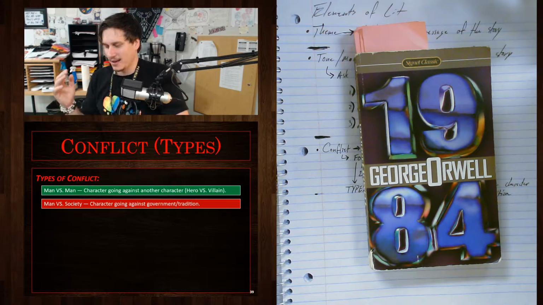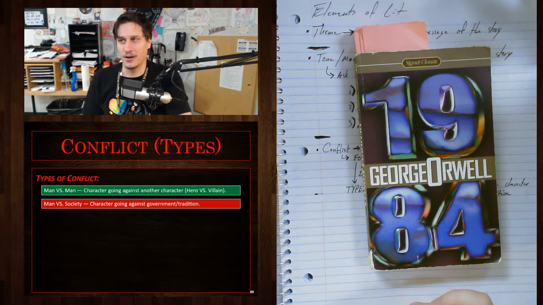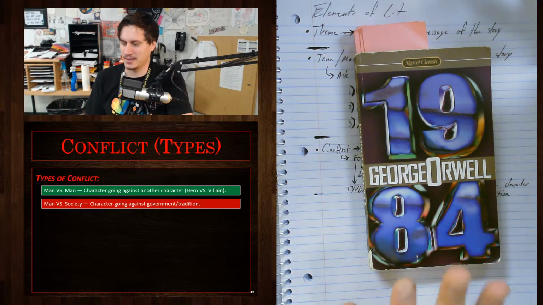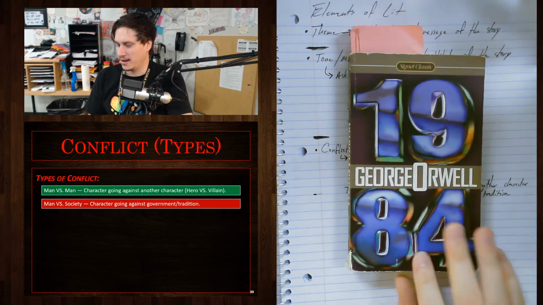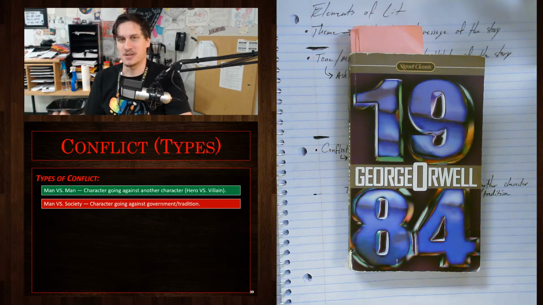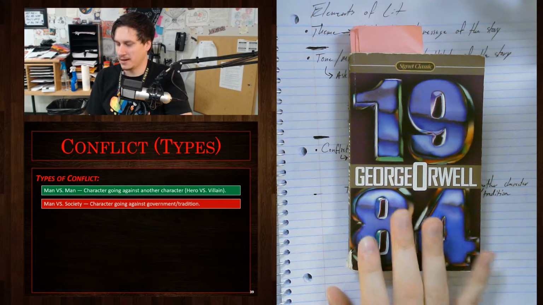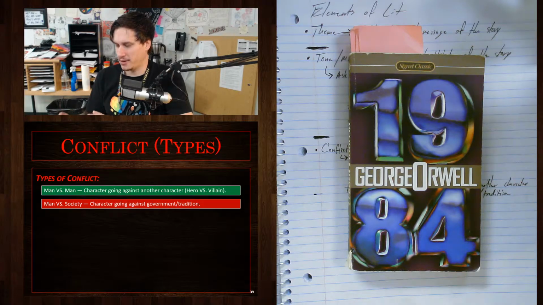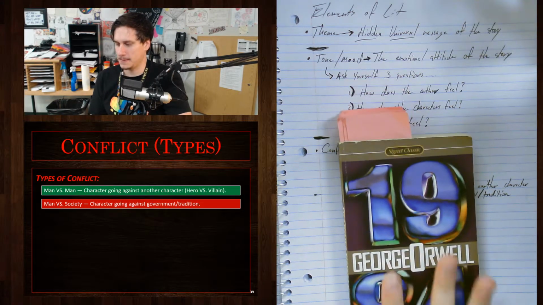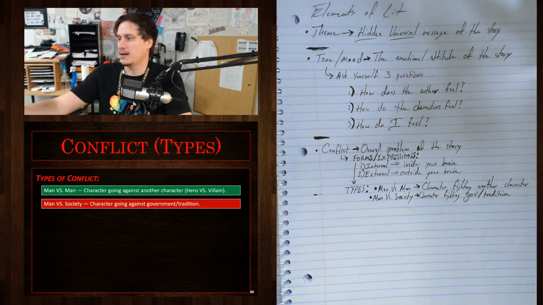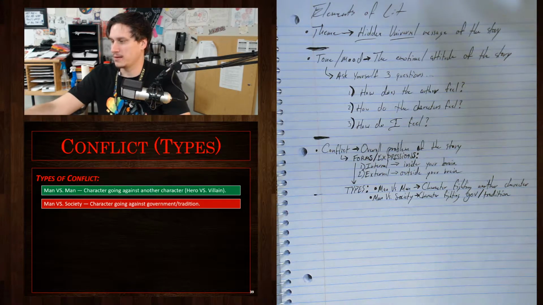I think every single teenager on the face of the earth needs to read this book because it is absolutely important. This was my copy as a kid. It is literally a book about understanding how power can control people who are uneducated or unaware, and it's really good. The main character is Winston Smith, I believe.